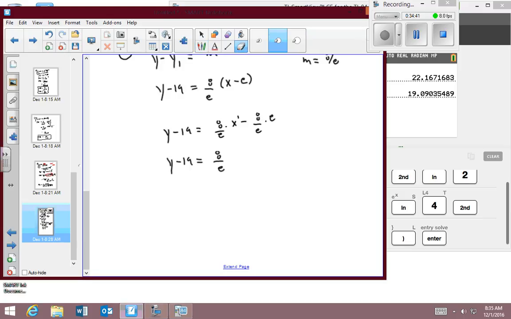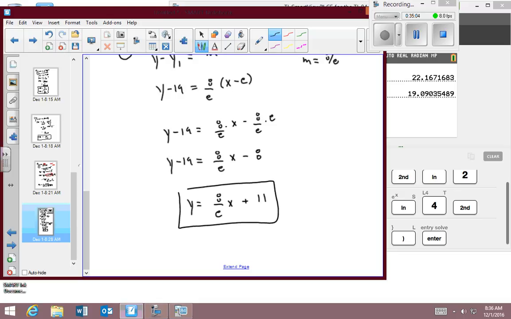That little dot is not supposed to be there. Minus 8. So y equals 8 over e x plus 11.